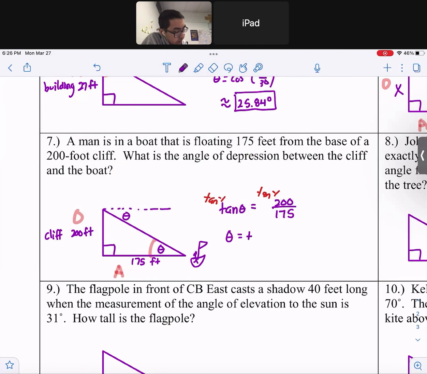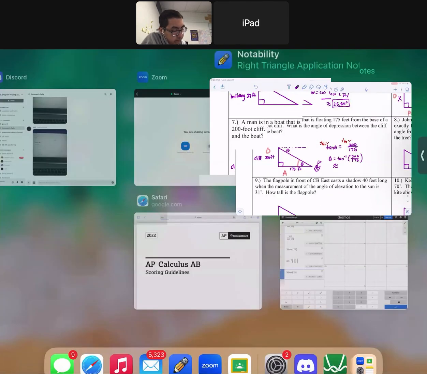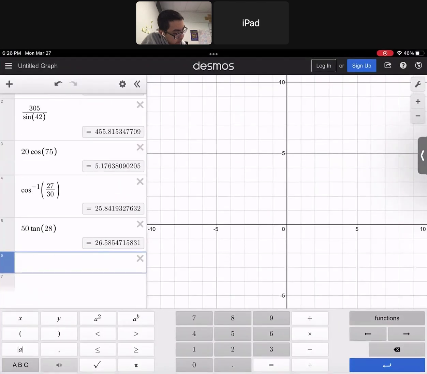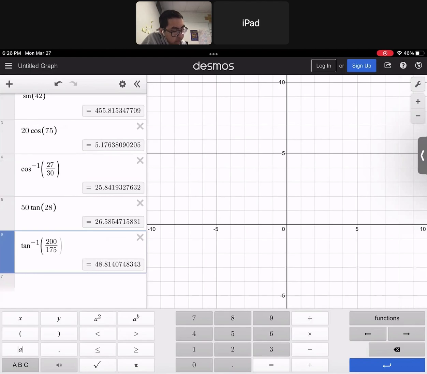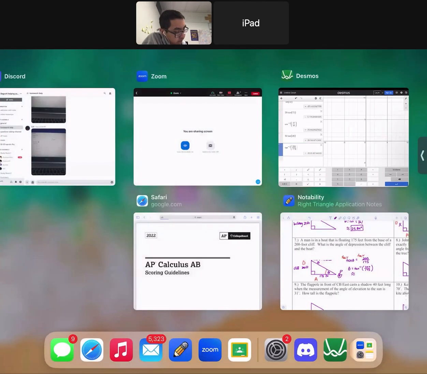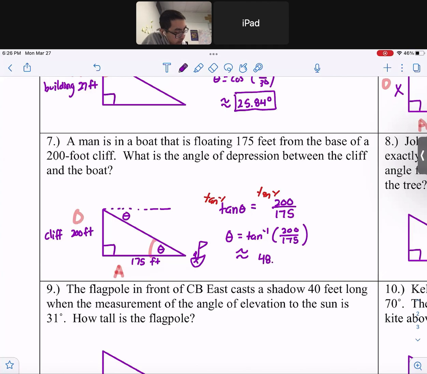Theta equals tan inverse of 200 divided by 175, which is roughly 48.81 degrees. So that's 7.